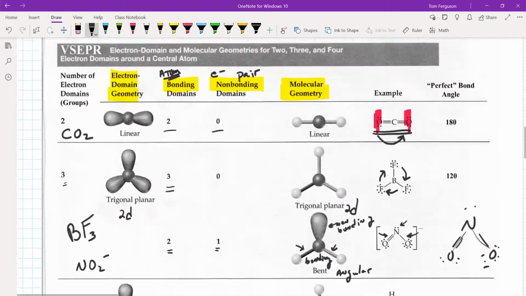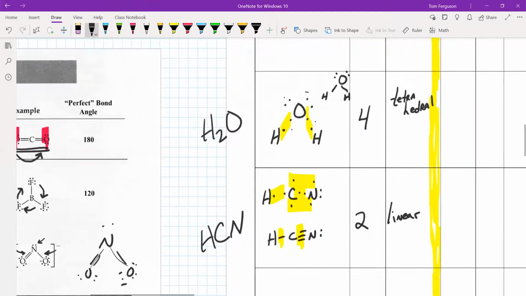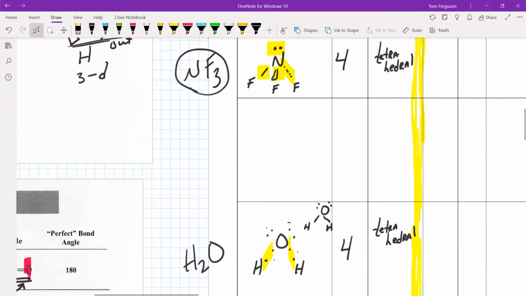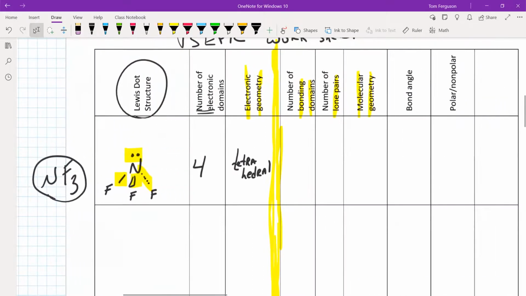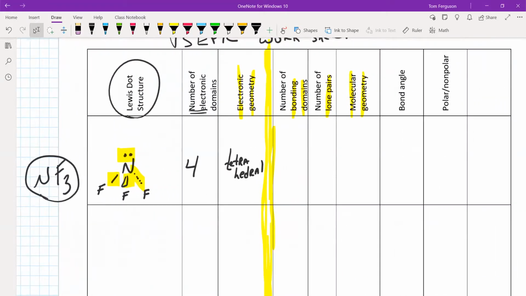So, going to our worksheet over here, let's go up to nitrogen trifluoride. So number of bonding domains is going to be 3. Lone pairs is 1. So the molecular geometry is going to be trigonal pyramidal.